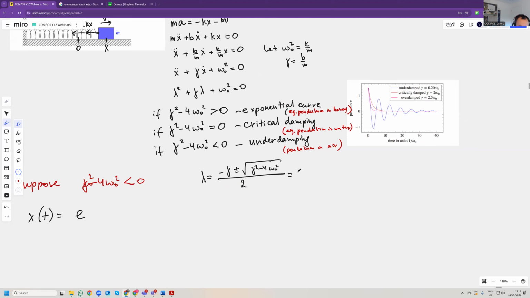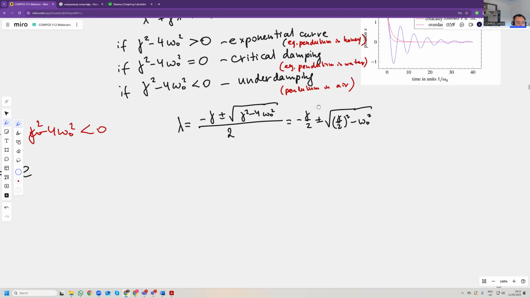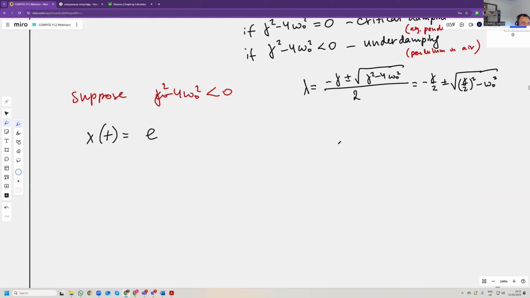So that's minus gamma over 2 plus or minus, well, you can write it as the square root of gamma over 2 squared minus omega 0 squared. And then you can write down the solution.